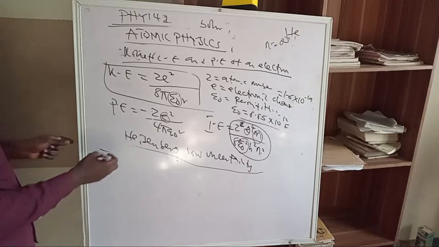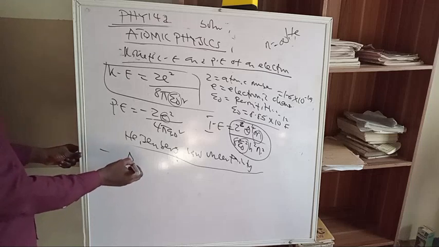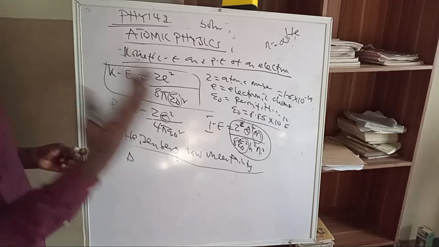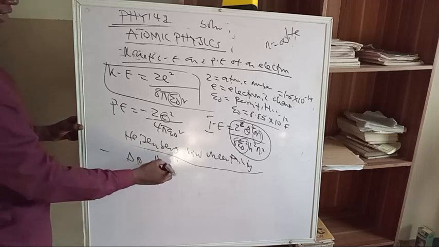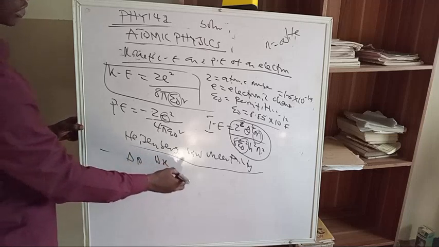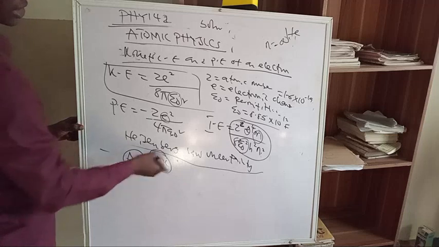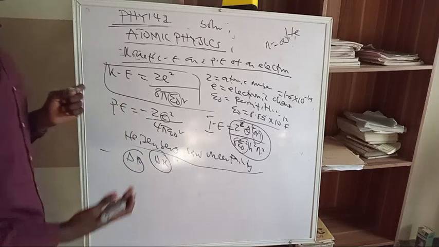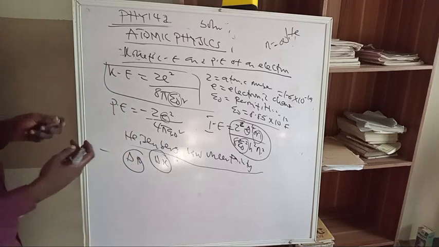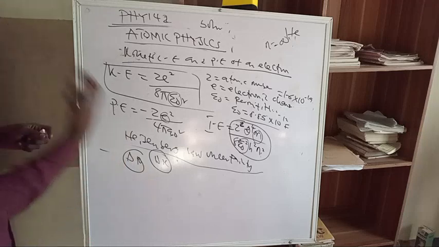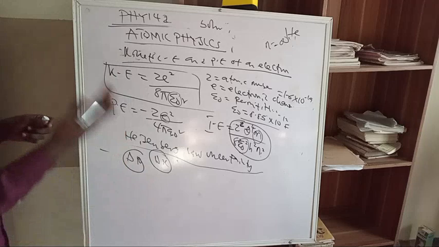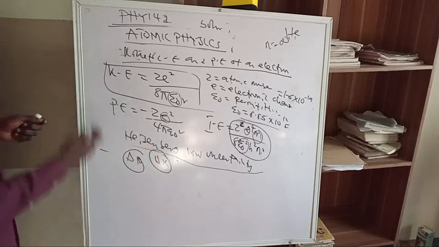Now there are equations you can use to solve uncertainty. We have uncertainty in momentum, uncertainty in position, uncertainty in energy, and uncertainty in time.